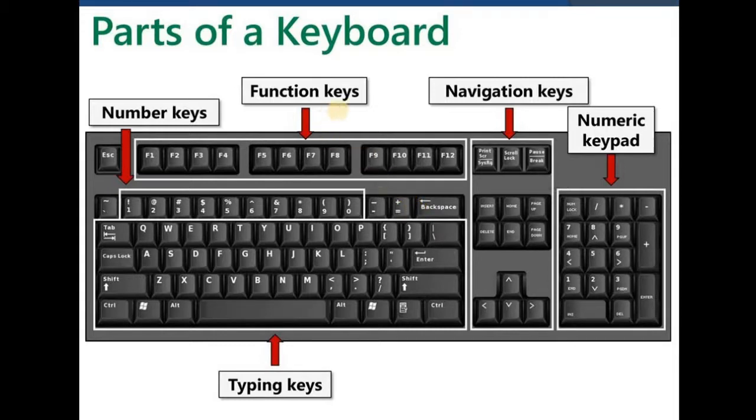So how is this keyboard segregated and what are the different sections present on it? Let us understand. We have all the alphabets from A to Z, which make one section. Above that we have the numbers from 0 to 9, then some special keys which we call function keys, then other keys which we call navigation keys, and then separate numeric keys.